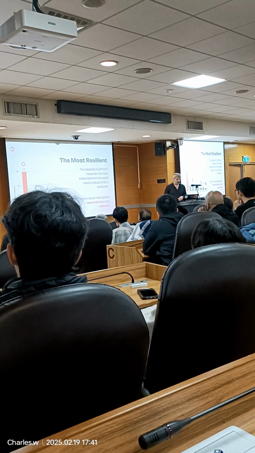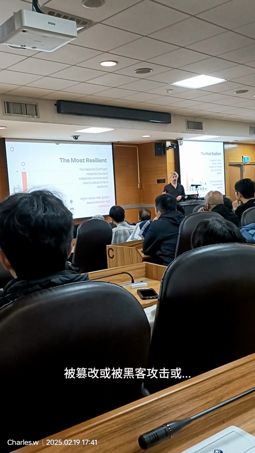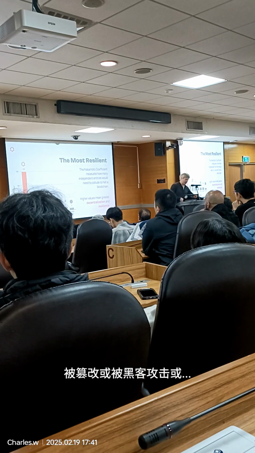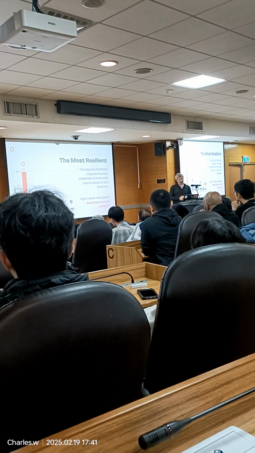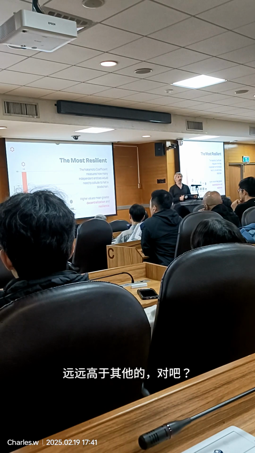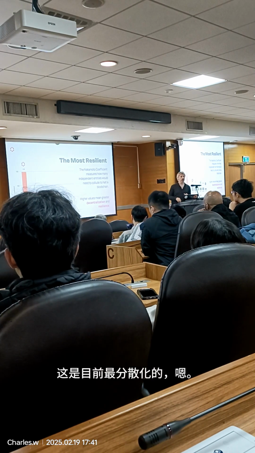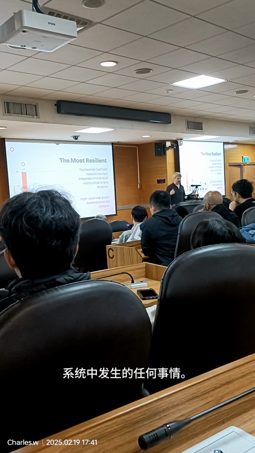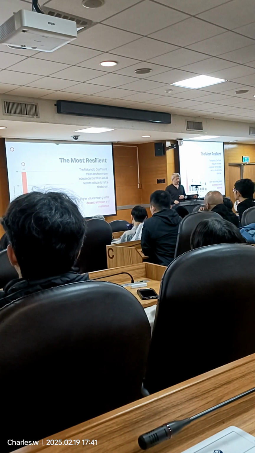availability. In terms of the decentralization, or the number of economic actors that will have to collude or be hacked or be malicious before the system breaks, Polkadot has by far the highest. This is by far the most decentralized system of anything that's handling any significant amount of things.